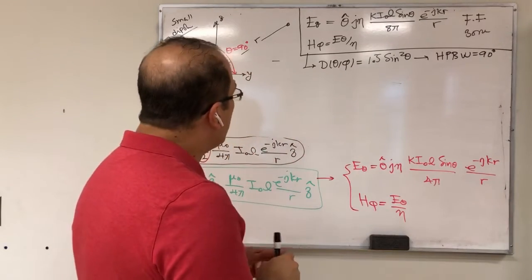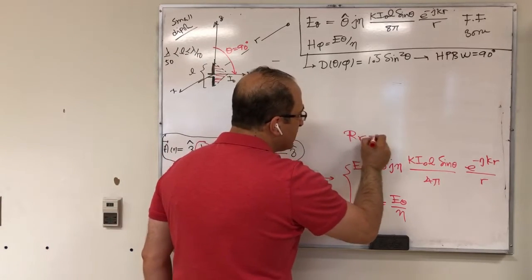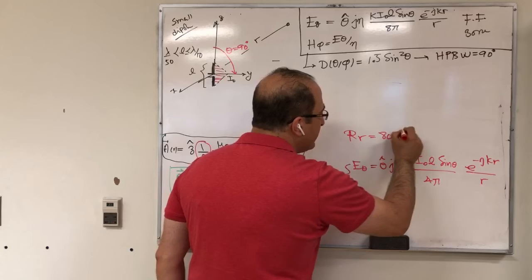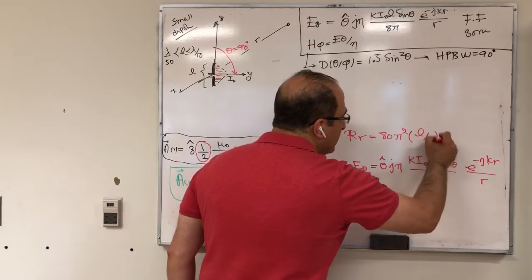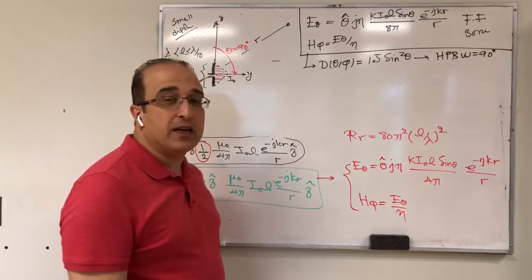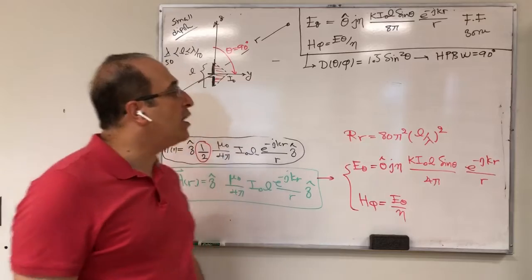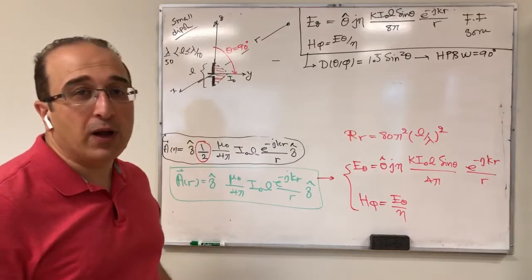The thing that I'd like to mention was the radiation resistance of the infinitesimal dipole antenna. We got 80 pi squared (L over lambda) to the power of 2, which we studied in the beginning of this lecture. Now, what would be the radiation resistance of this small dipole antenna?